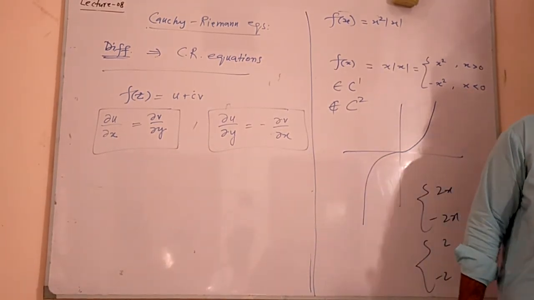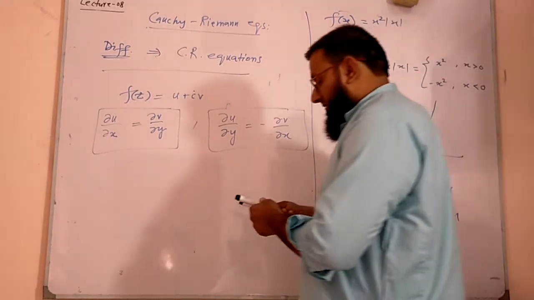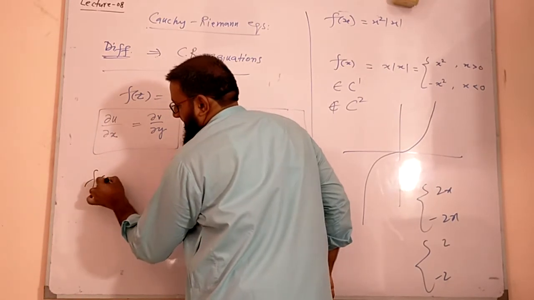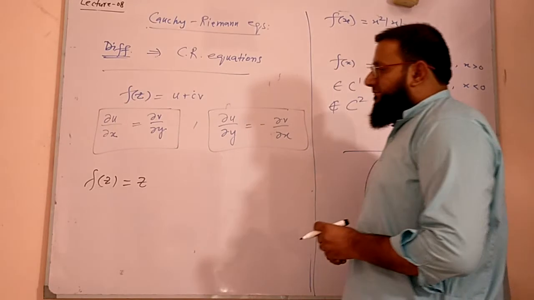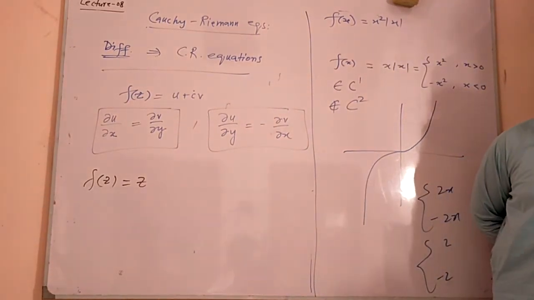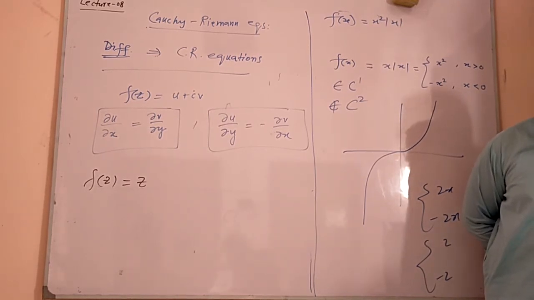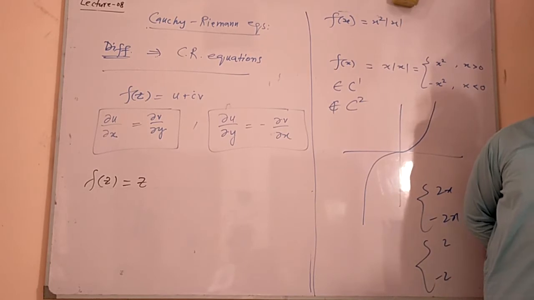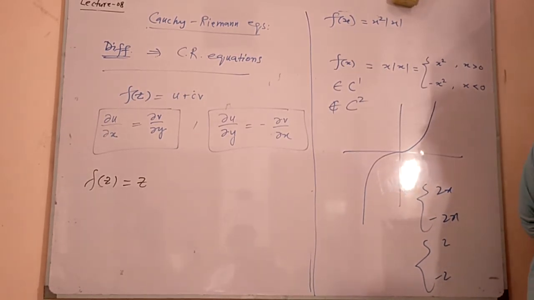Okay, one or two last things let us discuss. You have this function, what we call a linear function in C. We know very well it is continuous and it is differentiable. It means it will always satisfy Cauchy-Riemann equations, and we can simply check that.